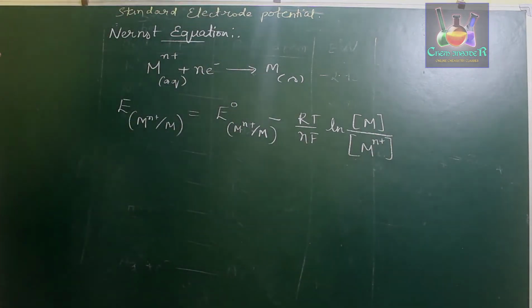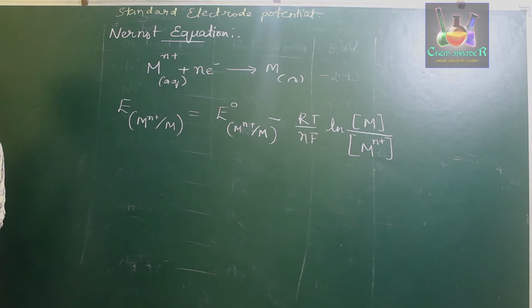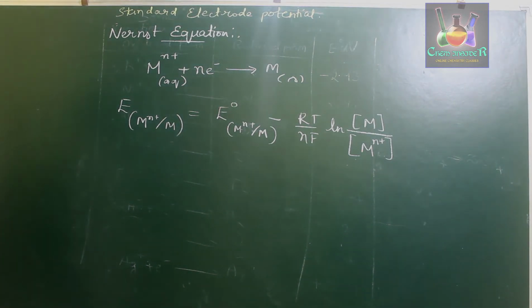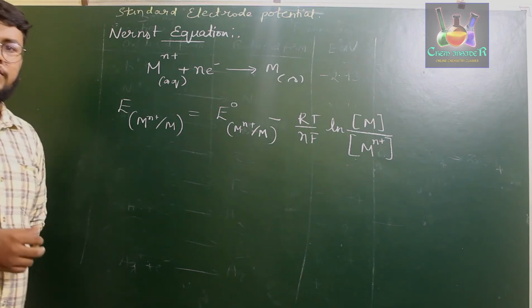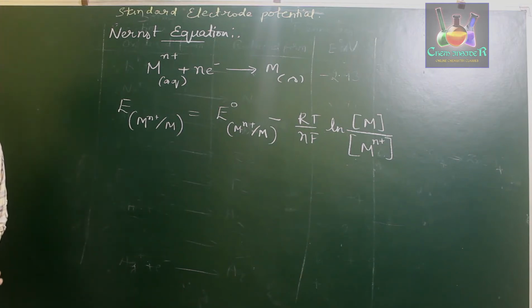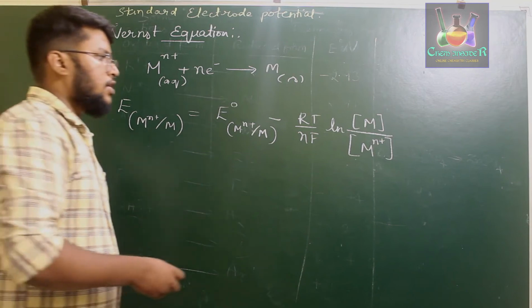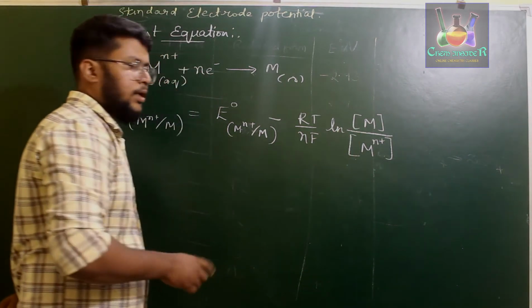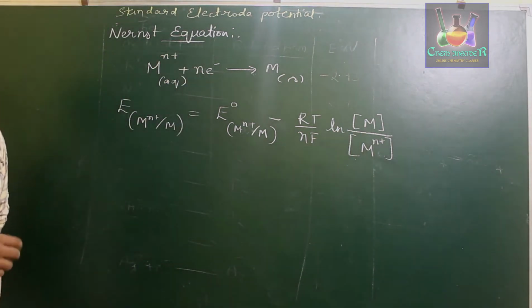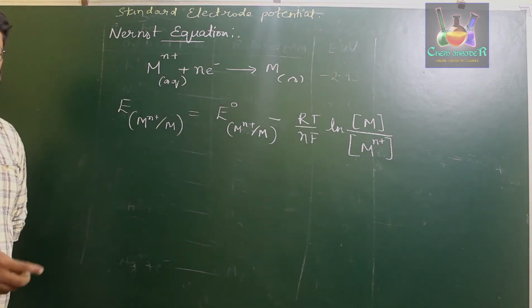This equation is called the Nernst equation, used to determine the electrode potential of a metal-metal ion reaction where the concentration is not standard, that is, 1 molar concentration is not found. Then you can use this equation to determine the electrode potential of the particular metal-metal ion couple. Usually, the concentration of a solid metal is always considered to be 1.